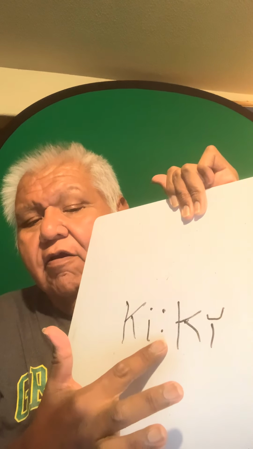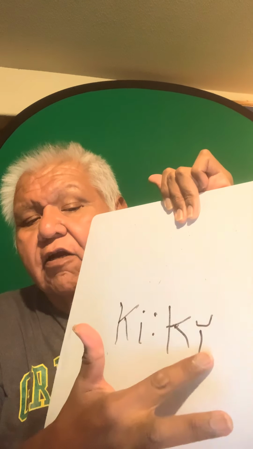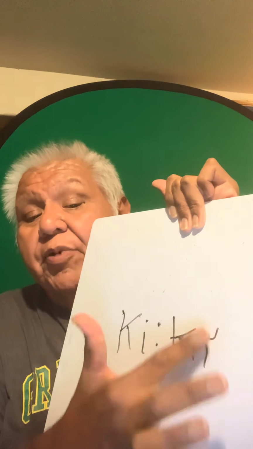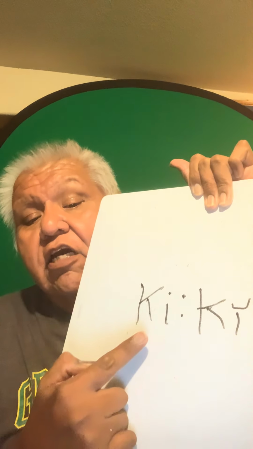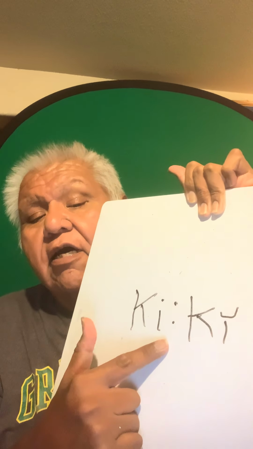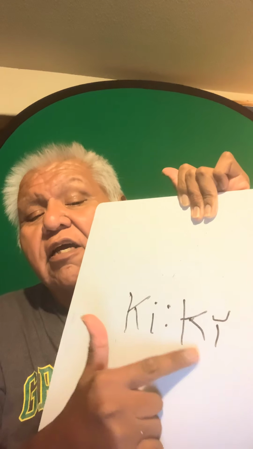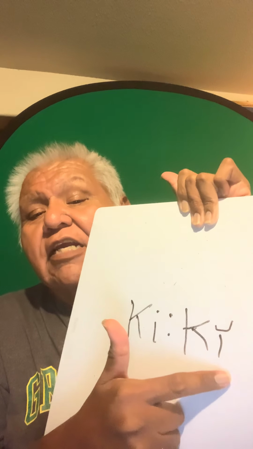K-I colon K retro. I with a brief. So sound it out. You see that I right there? You have to put that in there. So when you say a house, or a building, you say ki.